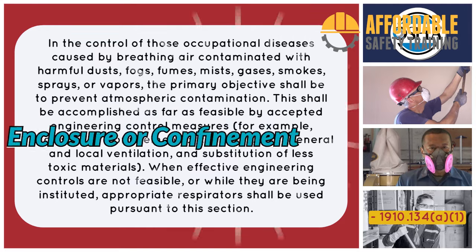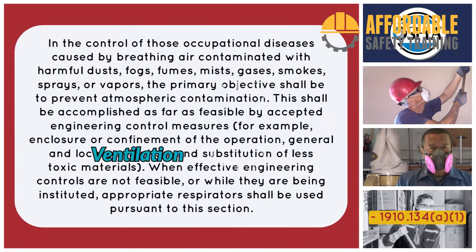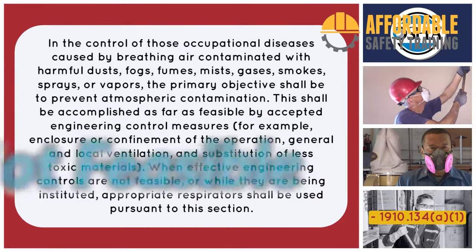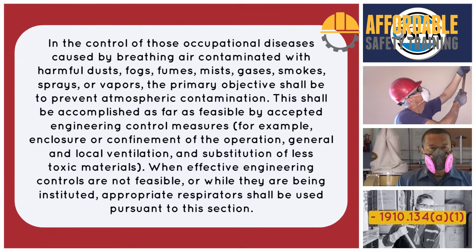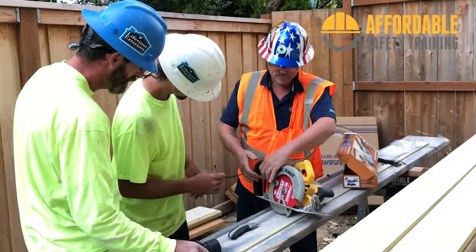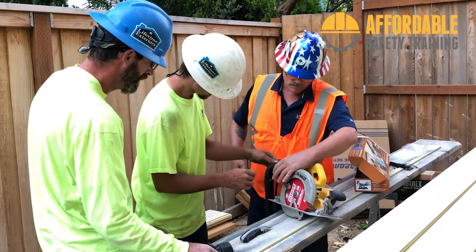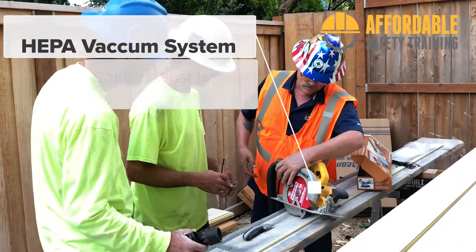For example, enclosure or confinement of the operation, general and local ventilation, and substitution of less toxic materials. When effective engineering controls are not feasible, or while they are being instituted, appropriate respirators shall be used pursuant to this section. This is OSHA's way of saying that respirators should only be used as a last resort.